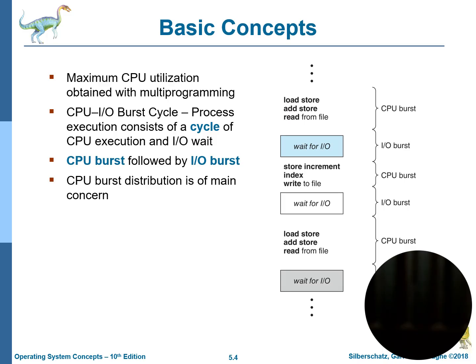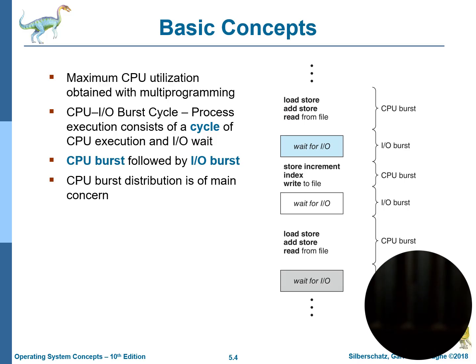So in other words, the CPU operates in CPU bursts followed by input output bursts. During the CPU burst, the process is running. During the input output burst, the process is waiting for some input or output to occur before it starts running again.